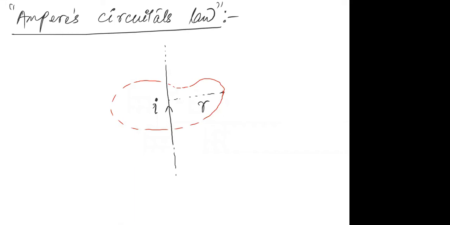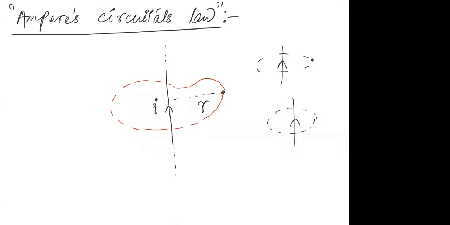Obviously, there will be magnetic field on this loop. Tell me yes or no. If you have a current carrying wire, obviously there will be some magnetic field around the wire, and that magnetic field will have some direction. You must have studied this. For an infinitely long wire, the magnetic field always forms closed loops, if you remember.